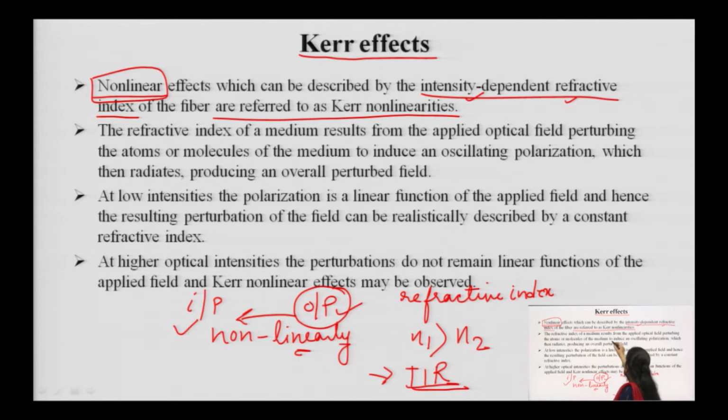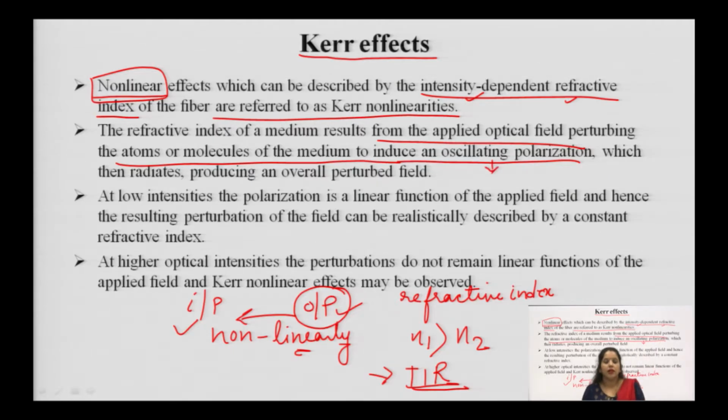The refractive index of the medium results from the applied optical field perturbing the atoms or molecules of the medium to induce an oscillating polarization. Polarization basically means providing direction to the light rays. If we say a certain light ray is polarized, that means we have provided a particular direction so that it can move in that direction only and will not get distracted, which then radiates producing an overall perturbed field.